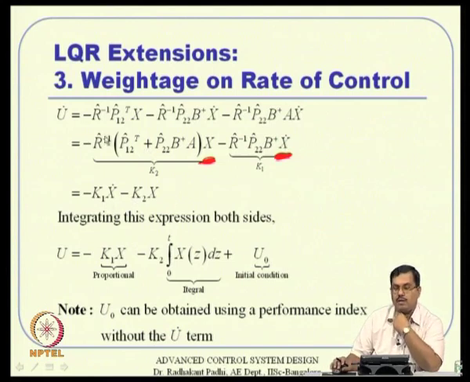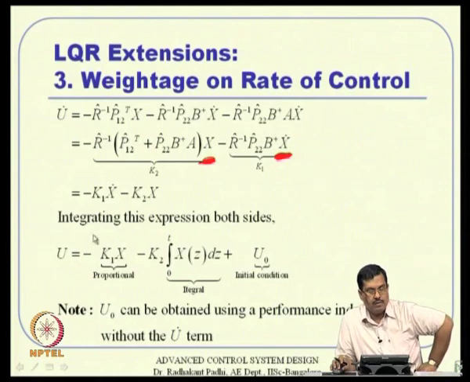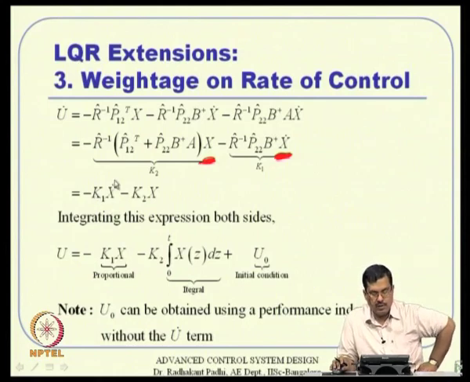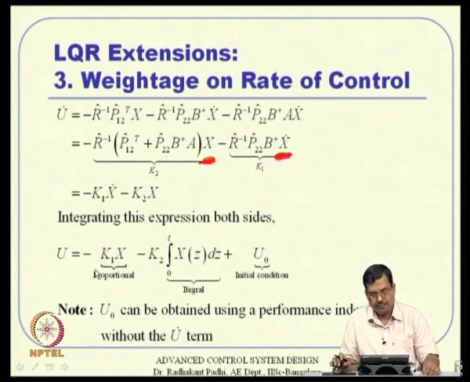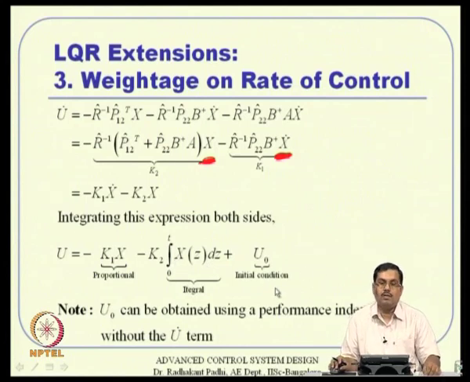So, now I can integrate both sides and visualize that u is minus k1 times x, which means it will give me a proportional gain, a proportional term, k1 times x. There is a proportional feedback and there is an integral feedback, and there is an initial condition for u that will also be required. Now, how do you get this u0?